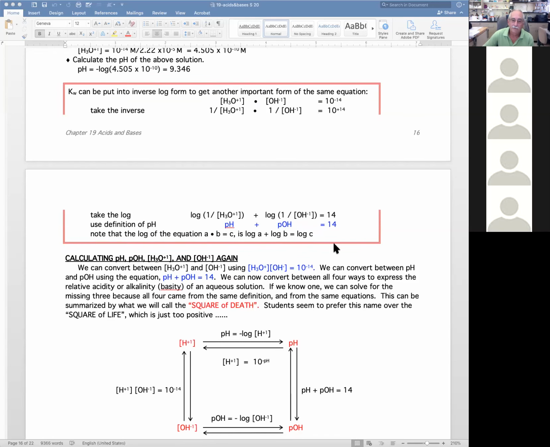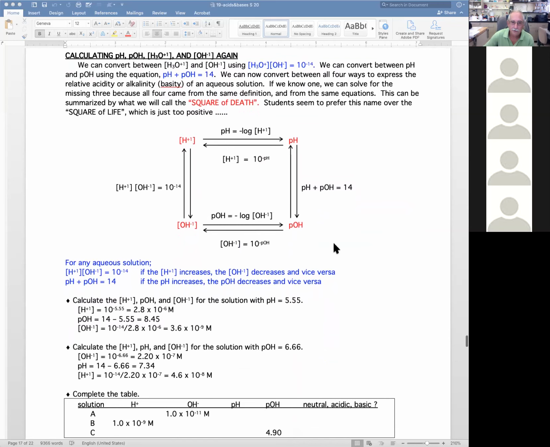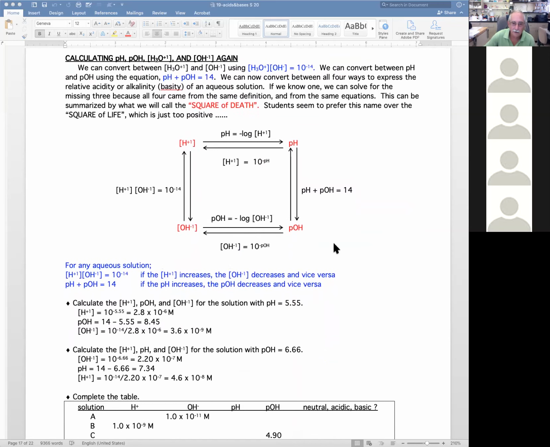So now we have every single corner of what my students and I called the square of death one time. So if I have the hydronium ion concentration, I can turn that into pH using that equation. If I have the pH, I can turn it back into hydronium ion using the inverse of that.